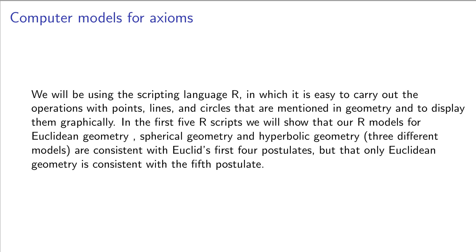I can give you a function that draws a circle with a specified center and a specified point on its circumference. And what I will be doing in the next 4 of these R scripts is to show that the models created by these computer scripts are all consistent with Euclid's first 4 postulates, but that only Euclid's postulates, the ones that define Euclidean geometry, are consistent with his fifth postulate.